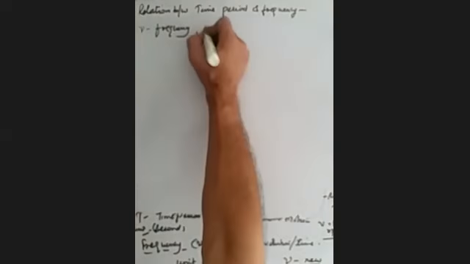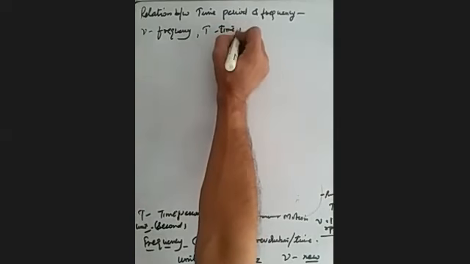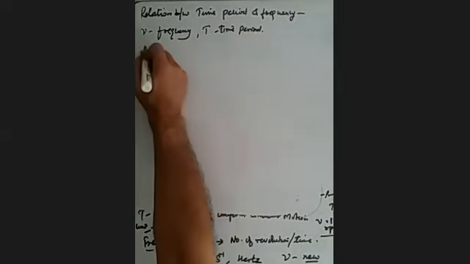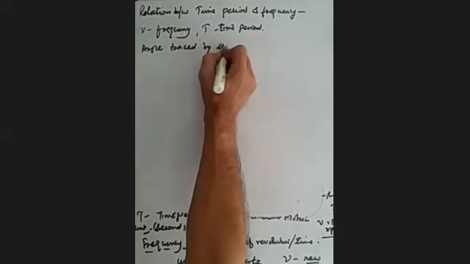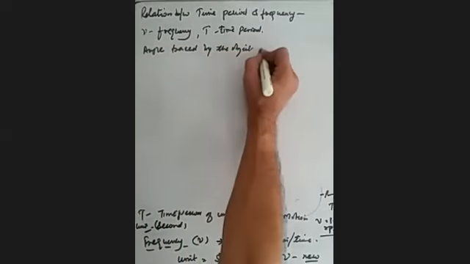That means nu number of revolutions are completed in 1 second. Frequency is equal to nu, and suppose the angle that is traced by the object at its axis while it is moving in circular motion is 2 pi, and suppose T is the time period, and the angle traced by the object is 2 pi.